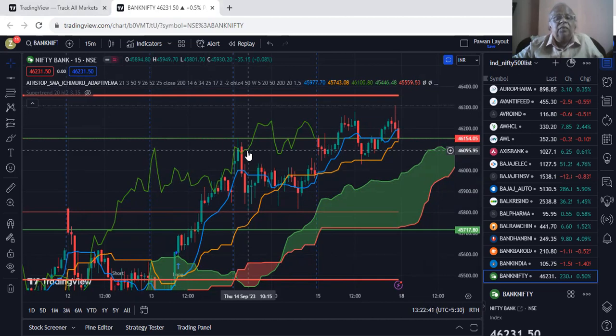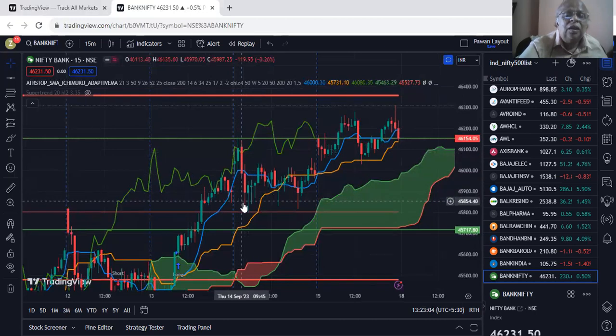Thereafter, what you are observing is that after half an hour, the stock is again trading below the Tenkan-sen, and as I told and conveyed to you, the stock will move towards the Kijun-sen.